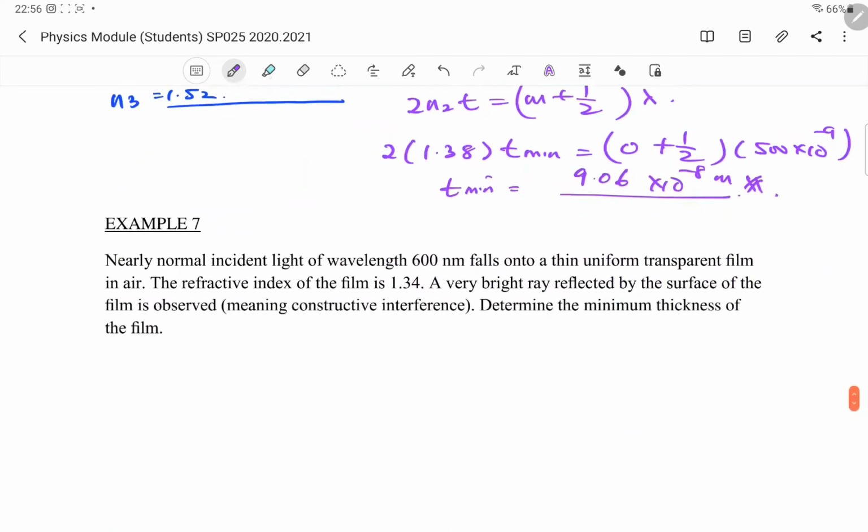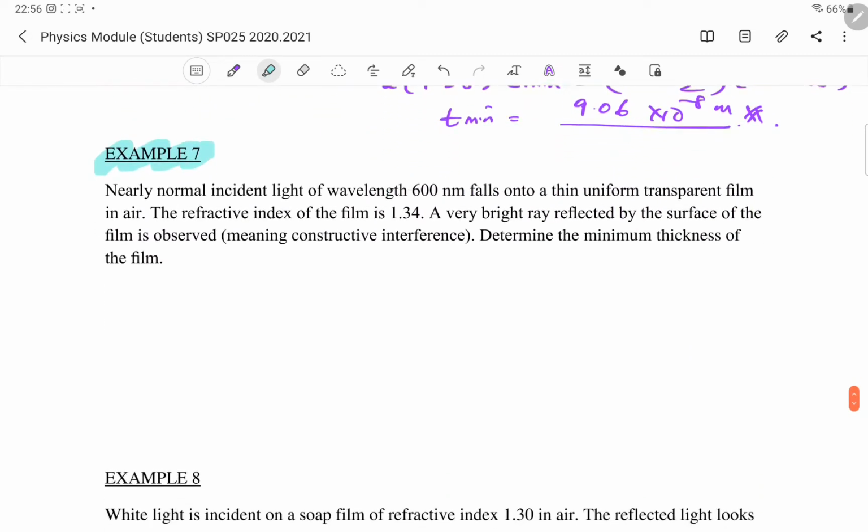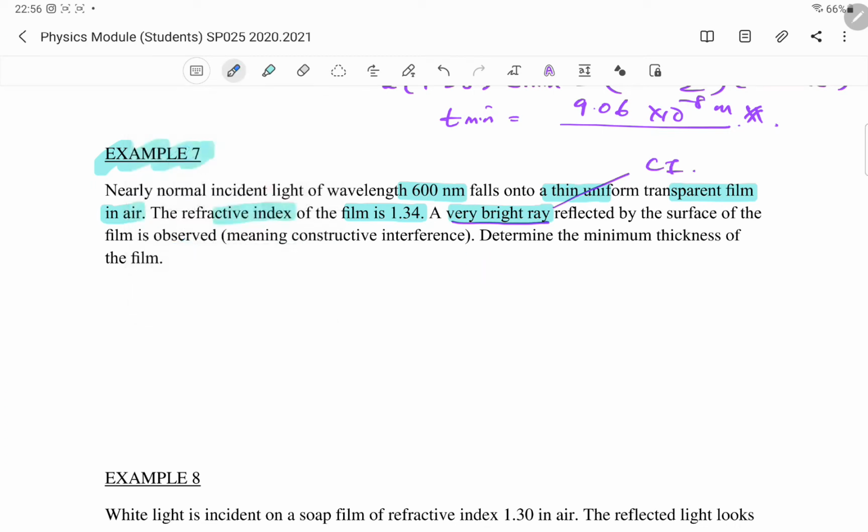So number 7. Nearly normal incident light wave of 600 nanometer falls onto a thin uniform transparent film in air. The refractive index of the film is 1.34. A very bright ray, so very bright rays menunjukkan dia adalah constructive interference.